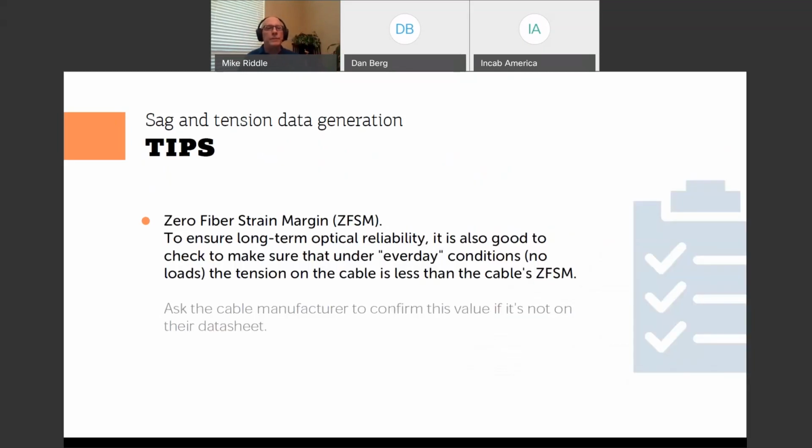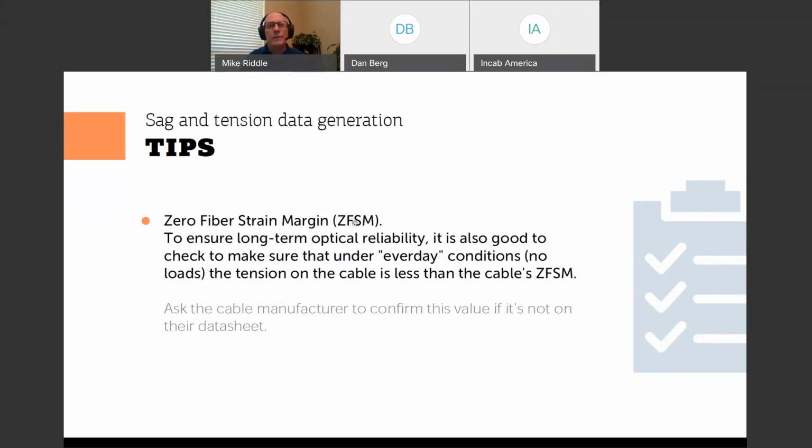Now, some tips. In an ideal world, you should also be checking the zero fiber strain margin. We talked about that extensively in my 101 presentation. I'm just going to remind you here that this is the point where the fiber begins to see the tension that's on the cable.